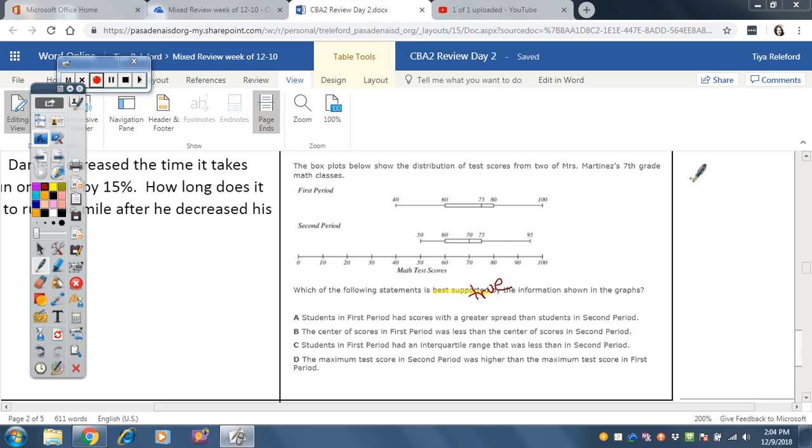So spread is the same as range. That is your greatest minus your least. You're going to subtract. Center is your middle.